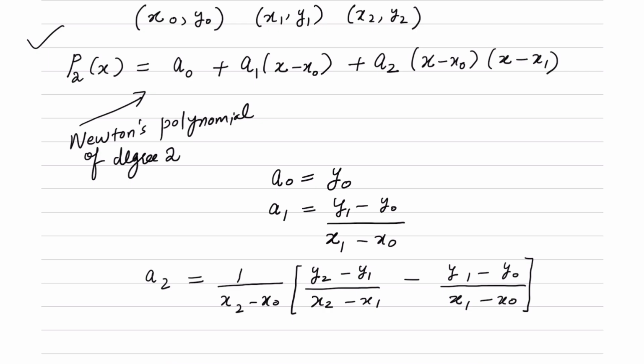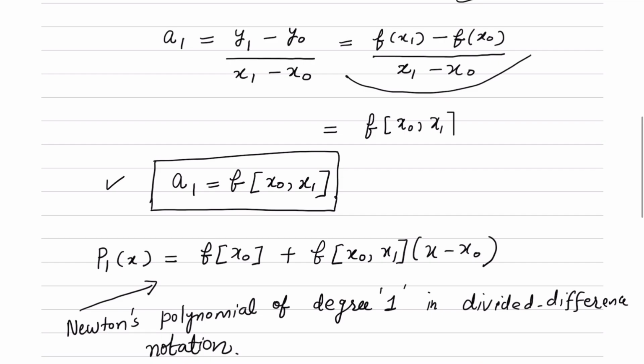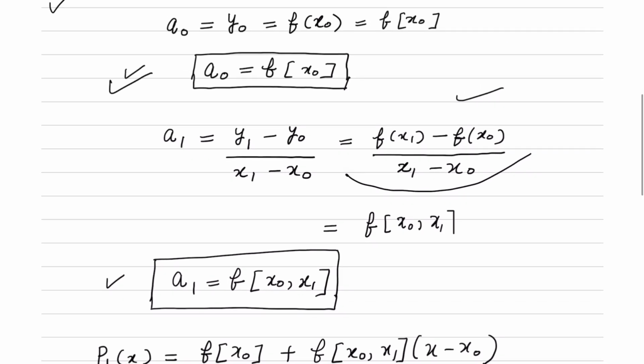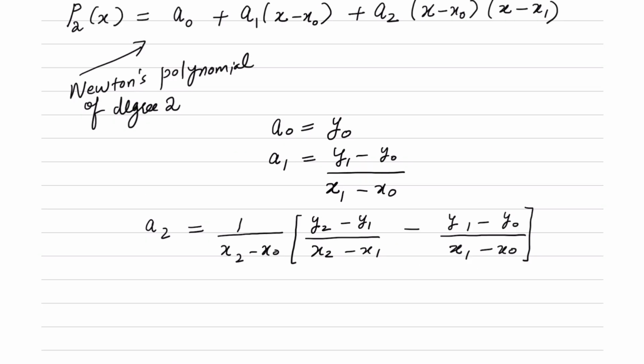Now a naught is defined as y naught, and we have just seen here that a naught is described as f of square bracket x naught. Again, y naught can be written as f of x naught, and in the square bracket notation it is the same as f of square bracket x naught.